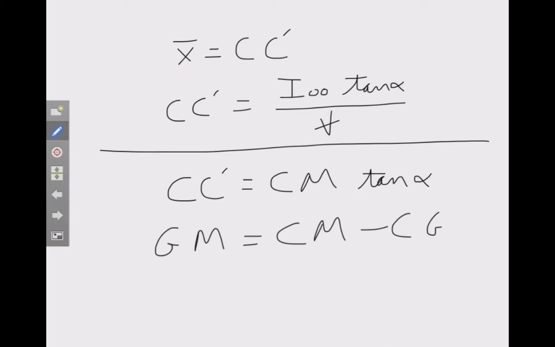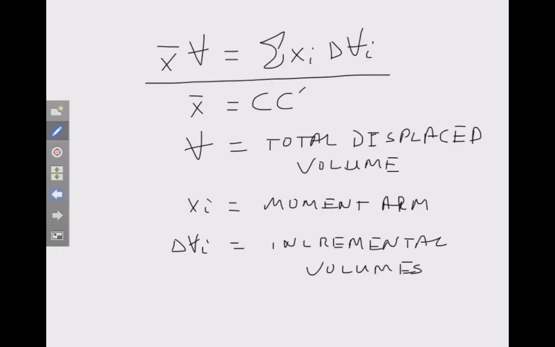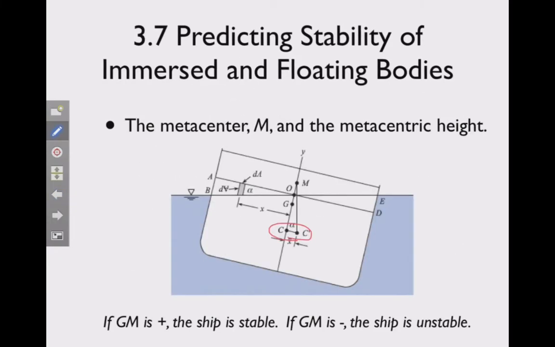So let's go back and look at the figure just to orient you as to what these things are. We're looking again at this triangle in here, and this is the angle alpha. It's a little hard to read there, but this is the angle alpha. So tan alpha is going to be equal to the opposite side over the adjacent side, so tan alpha is CC prime over CM.